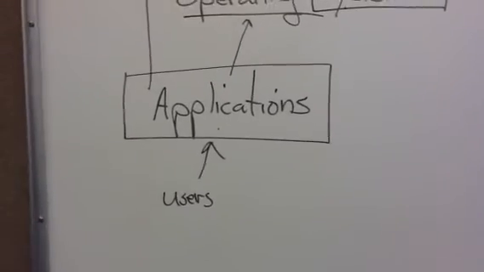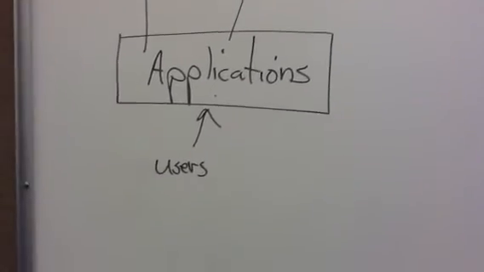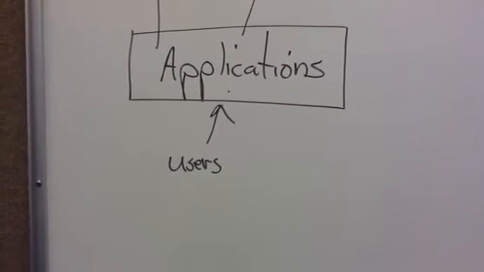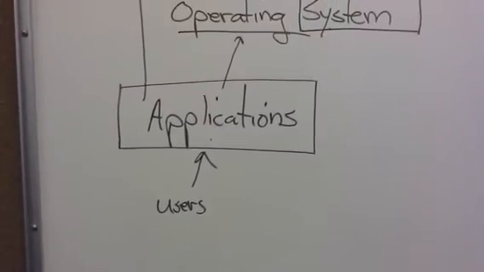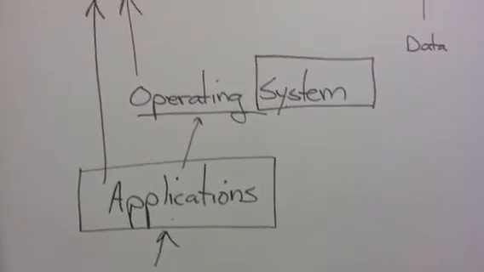Applications, or apps, work through the operating system, and then the users use the applications. Okay? So the applications are what we use to do the task we want done, but the applications work through the operating system, and the operating system tells the hardware what to do.